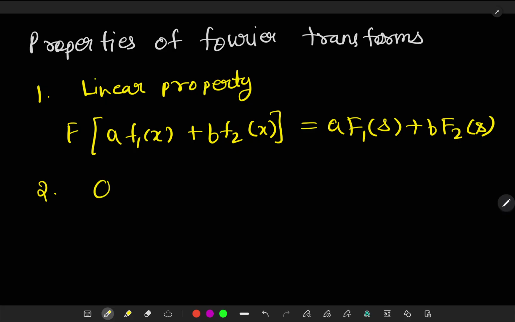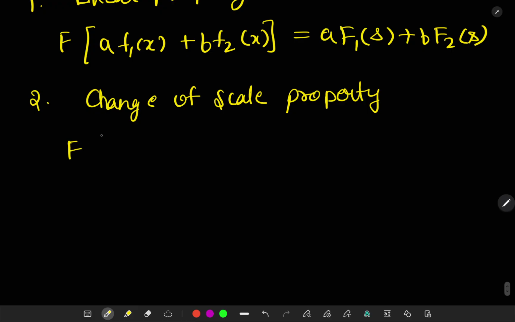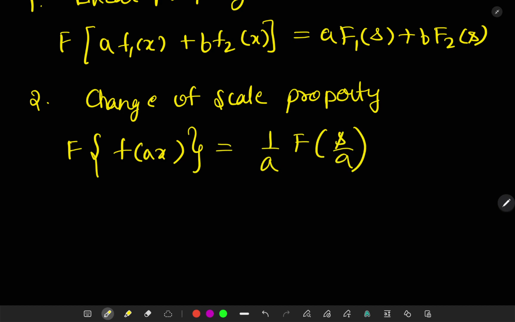Now the second property is the change of scale property, which is: Fourier transform of f of ax equals 1 by a f of s by a.